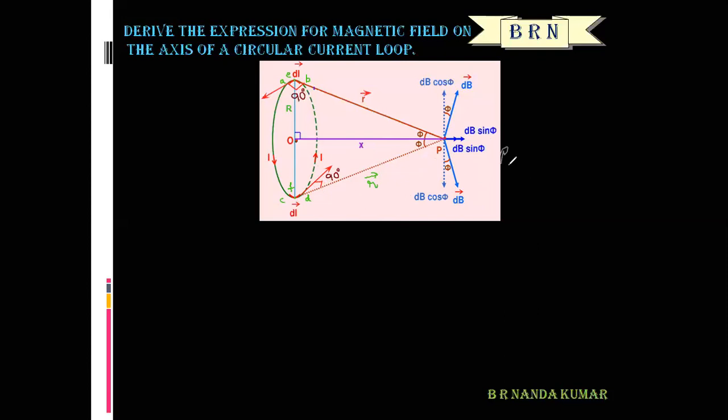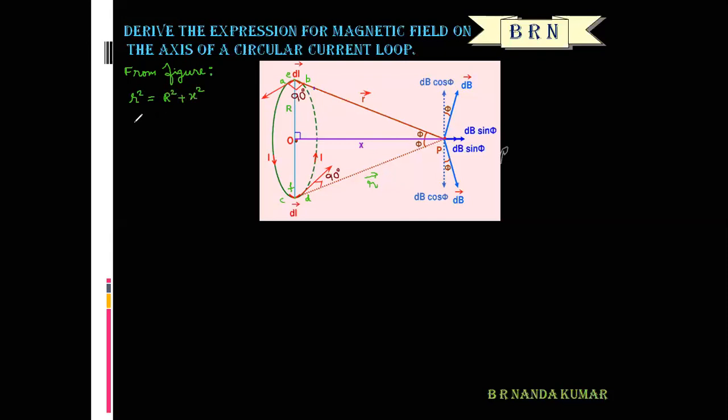First we have to calculate the value of small r by using Pythagoras theorem. From the figure, small r square is equal to capital R square plus x square.